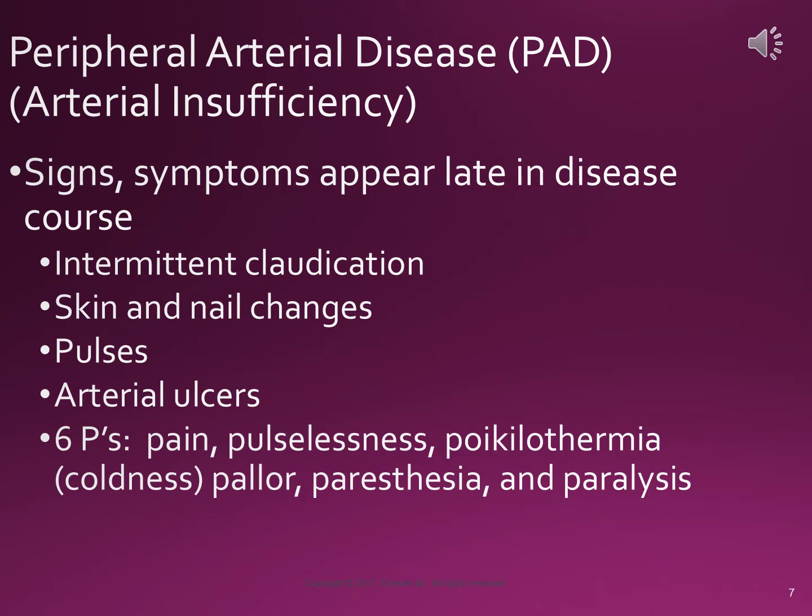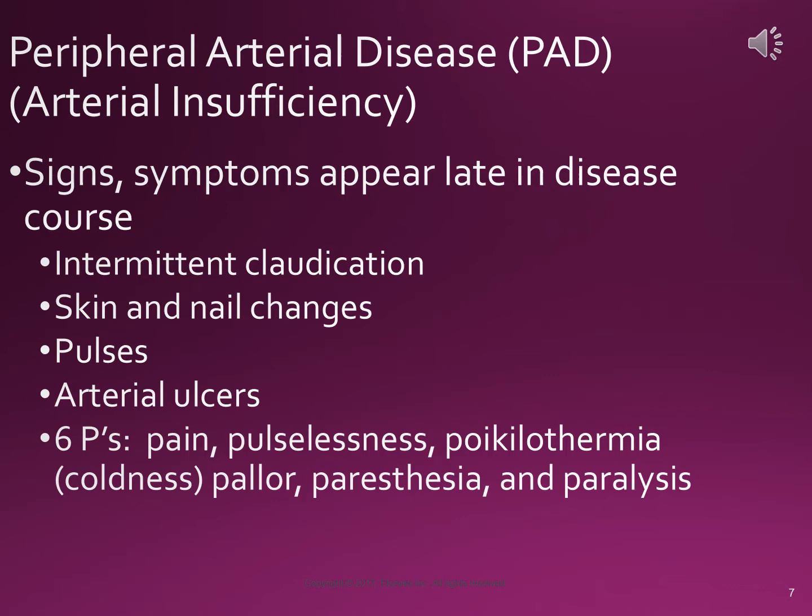When you elevate arterial diseased extremities, it's harder for blood to get down to the extremities, and so they're pale. When they're dependent, they get this reddish purple, sometimes they call it a rubrous color, or sometimes even a cyanotic color.